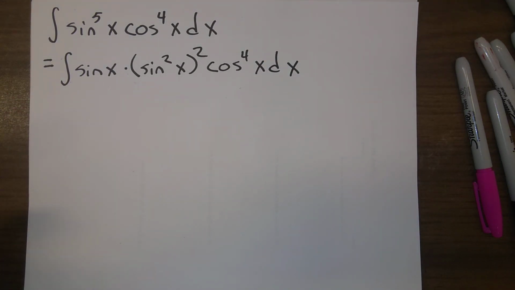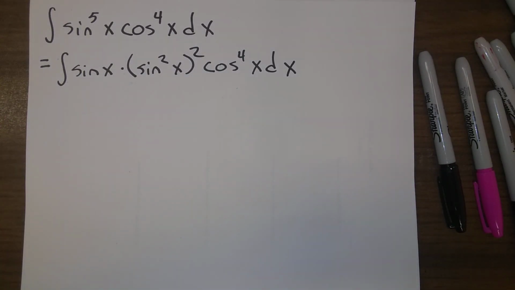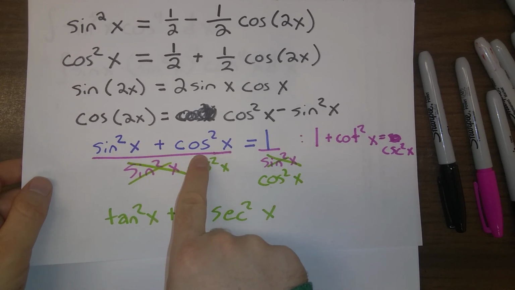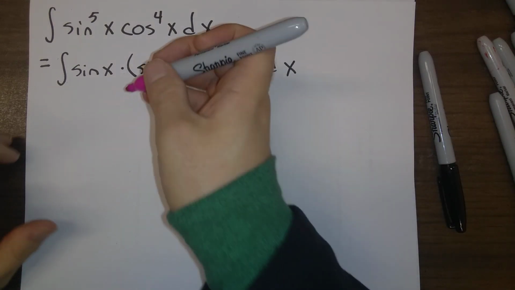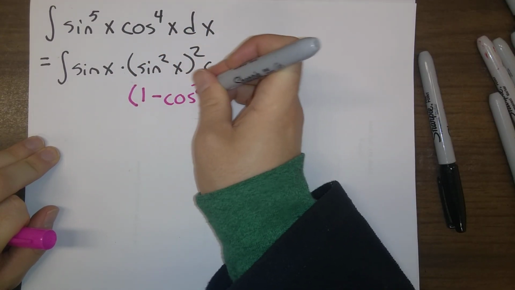The reason I'm choosing to do this is that this will be tailor-made for us to use the sine squared x plus cosine squared x equals 1 identity, where we replace sine squared x with 1 minus cosine squared x.